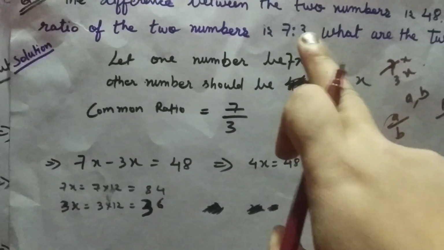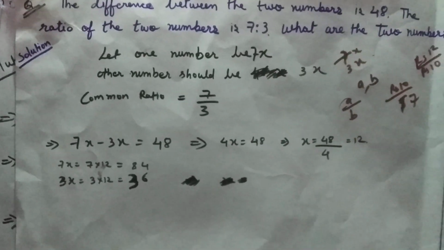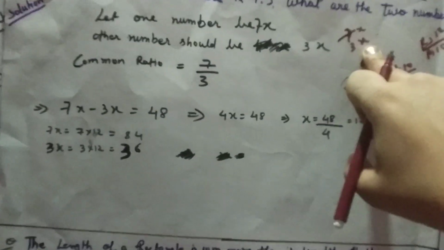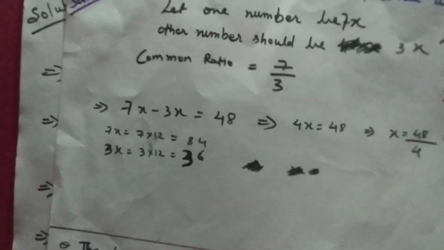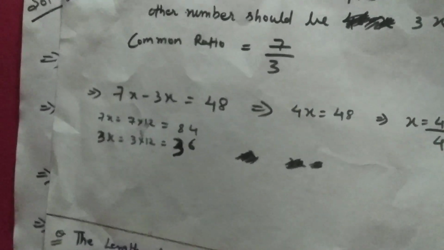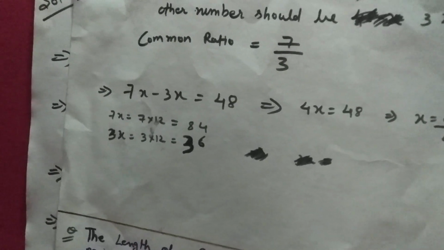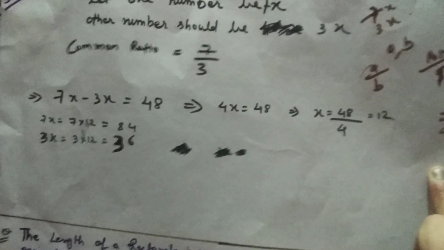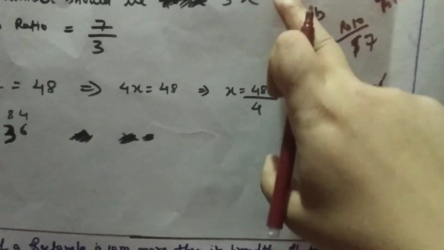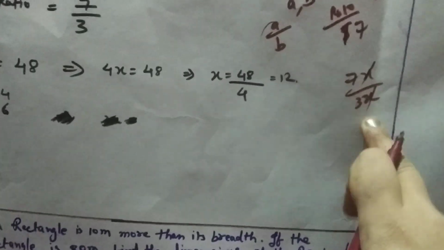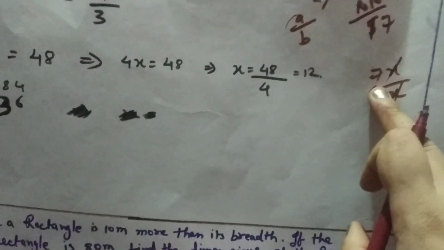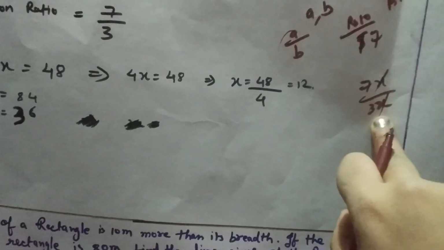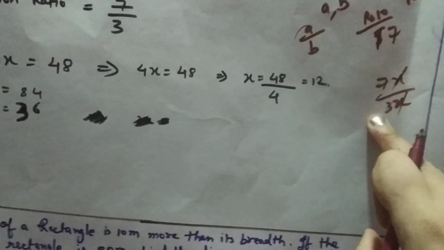7/3 is a ratio. If we write it in the form of proper numbers, we will write it as 7x and 3x. Because when we write 7x and 3x in a ratio, x and x cancel out each other, and we are left with 7/3.